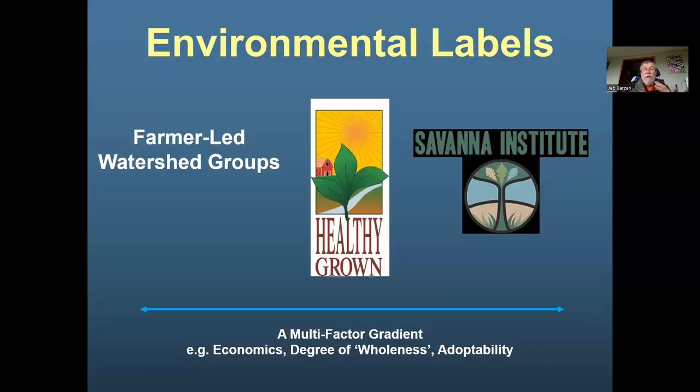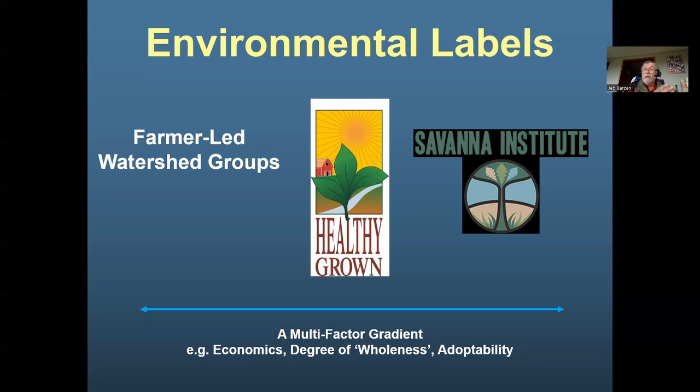But there also are environmental labels which can be used to deal with some of these issues, but those environmental labels need to be broad enough to work for all these things. So organics often doesn't incorporate some of the biological diversity, for example, whereas something like Healthy Grown doesn't deal with some of the things that organics deals with.